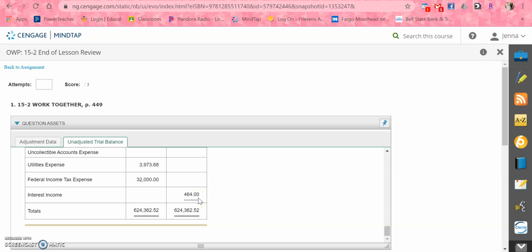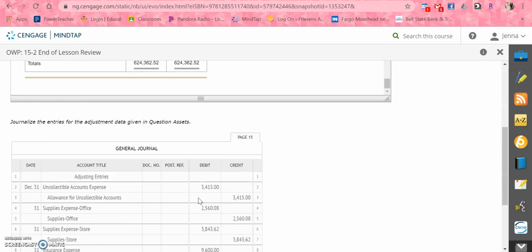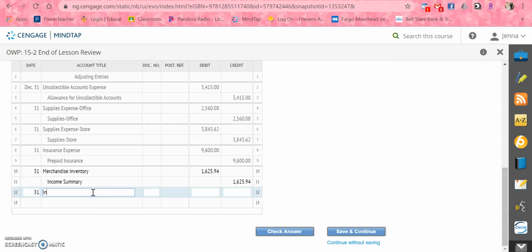So to increase our interest income, we are going to credit that. We are then going to debit our interest receivable. So we are owed interest of 69.33. And then we have our interest income. We're going to increase that income that we earned of 69.33.